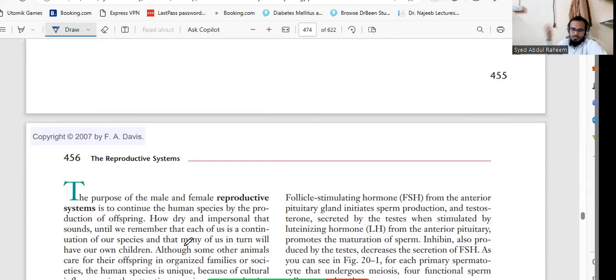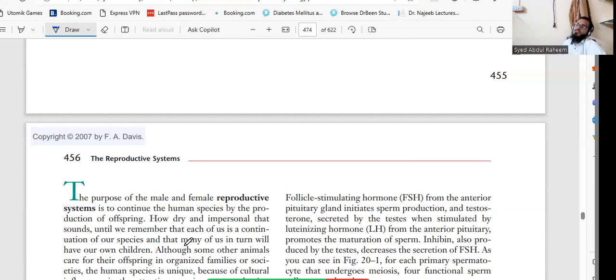What is reproduction? Reproduction means, as human beings, God gave us the ability to form a human like you. So we need a system to work for that process. Like for circulation of the blood, God gave you the circulatory system.